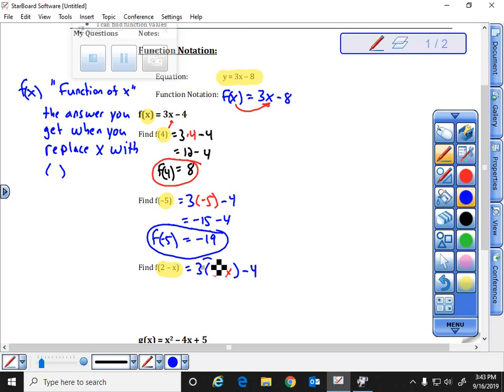So distribute the 3 throughout, you get 6 minus 3x minus 4. Combine your like terms of 6 and minus 4 to get 2 minus 3x. So the function of 2 minus x gives me a result of 2 minus 3x.